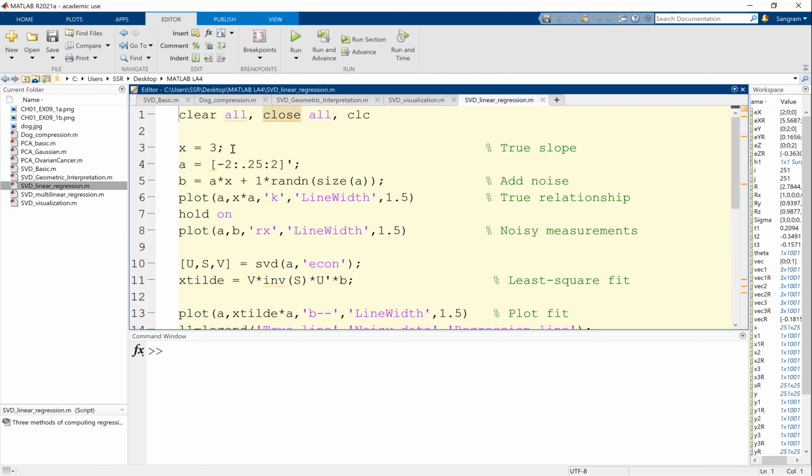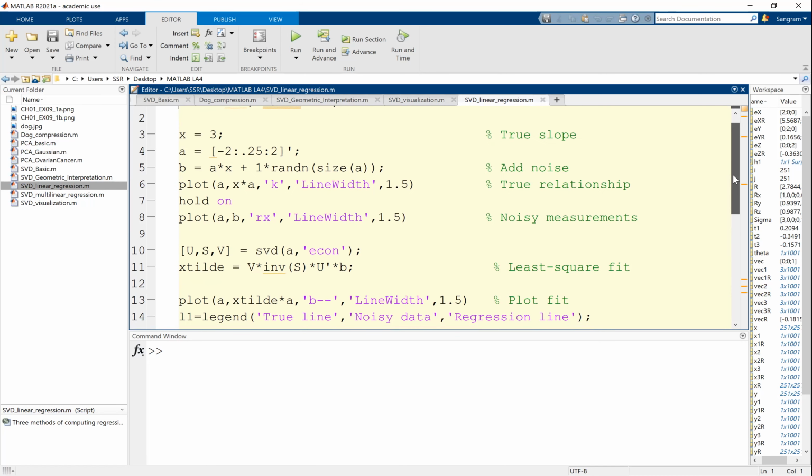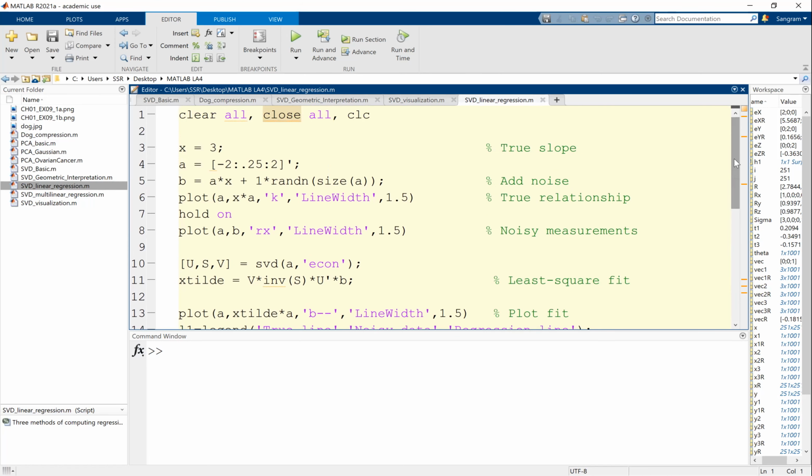Now, this needs a little discussion before I solve this problem. I'm going to switch to the whiteboard, and I will try to explain what is happening in this problem.